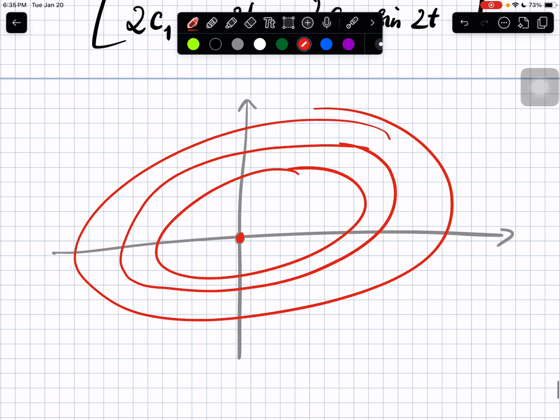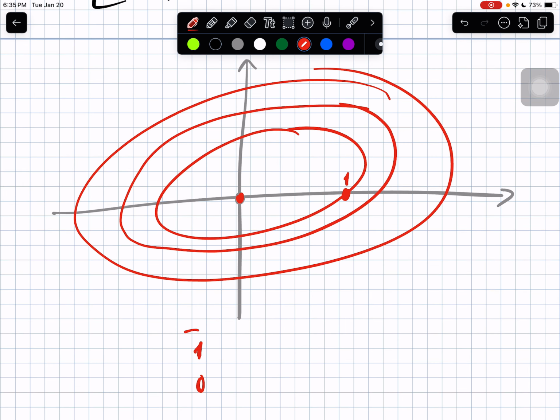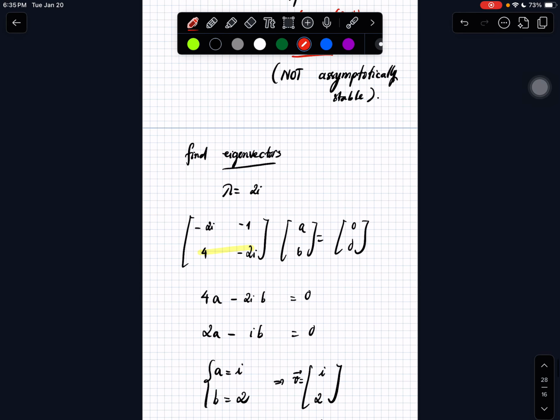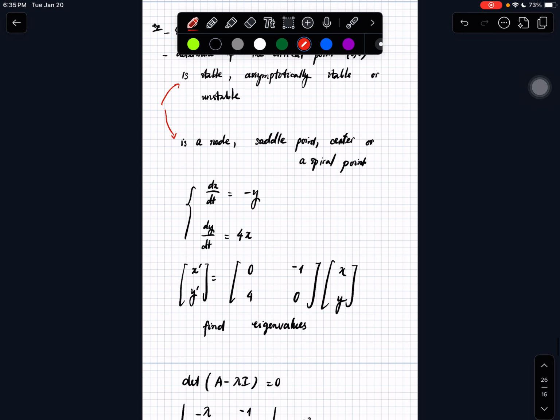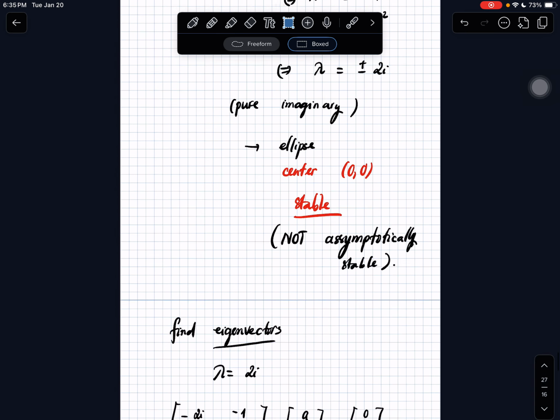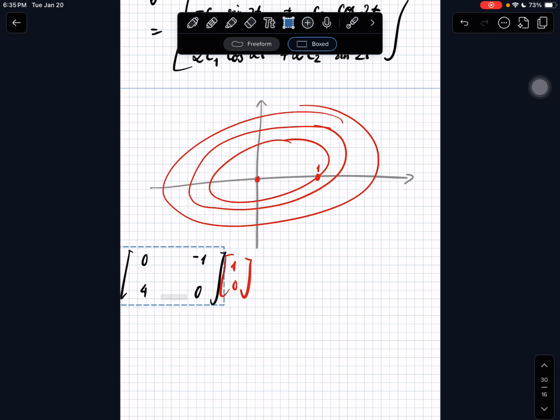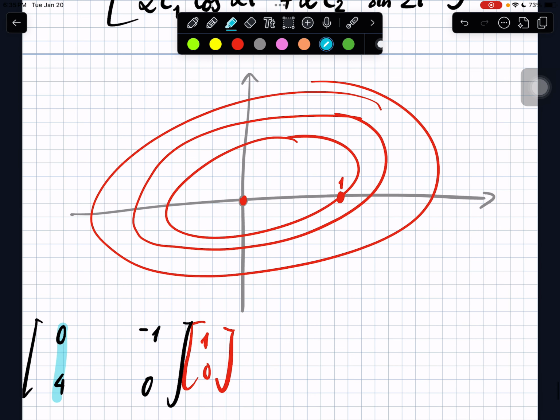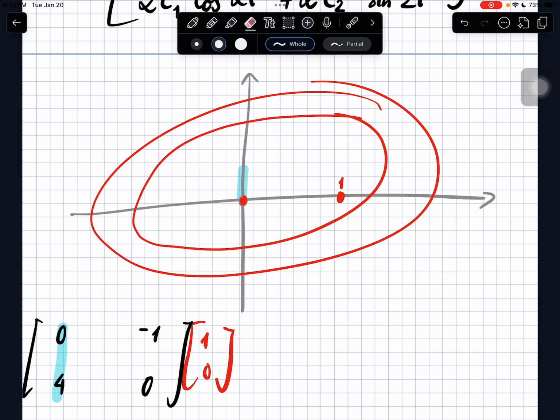Now we need to determine whether it goes clockwise or counterclockwise. Just pick, say, the point (1, 0). Matrix A multiplies (1, 0) and gives us the first column: (0, 4). (0, 4) is parallel to this, so it's better to have the ellipse like that.